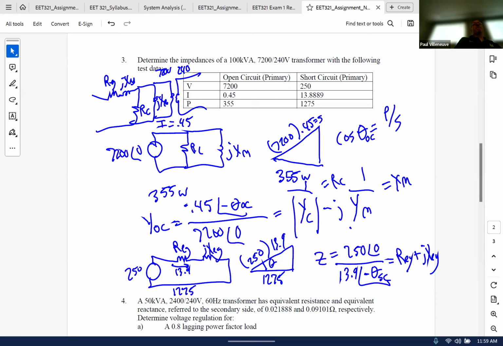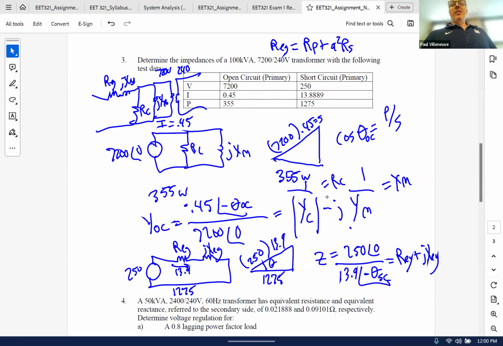Is there any piece of information to be given to divide it up into primary and secondary resistance of these instead of just having your equivalent? Yeah, so the only thing is, if you recall, R equivalent is going to be equal to RP plus A squared times RS.